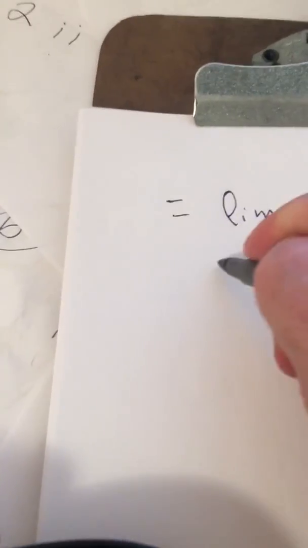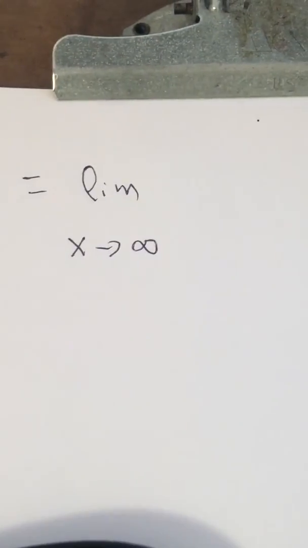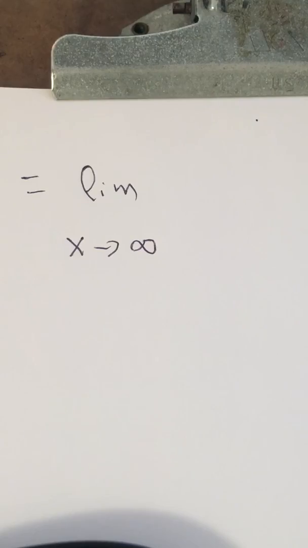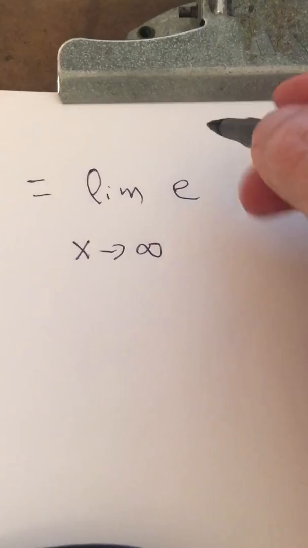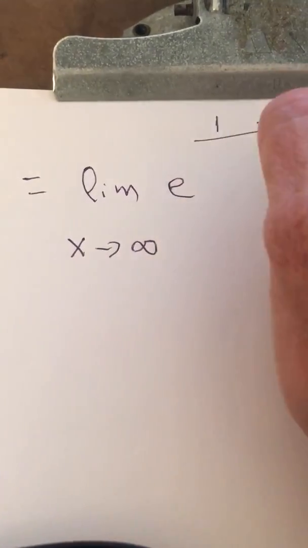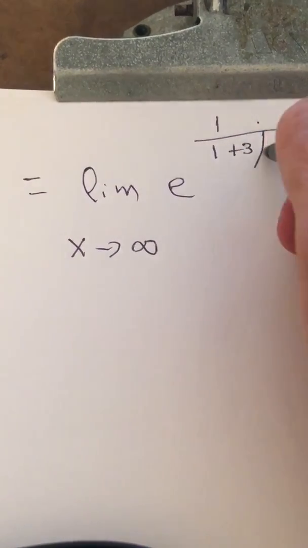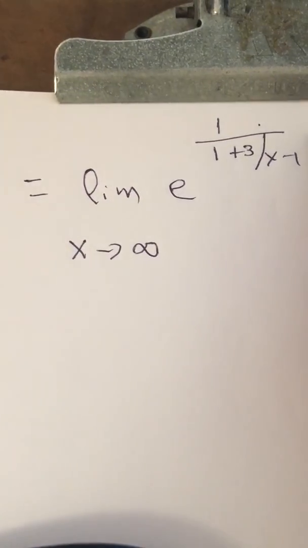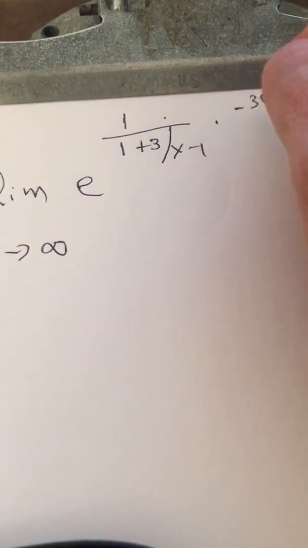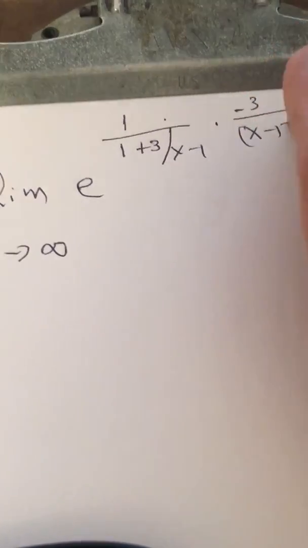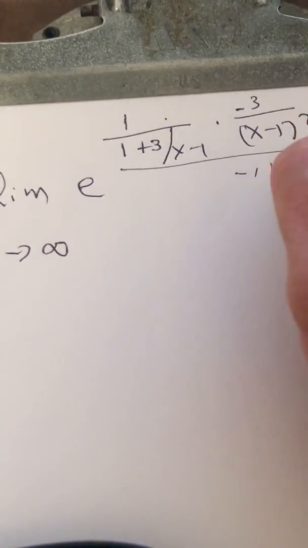Again, we have the limit as x goes to infinity of e to the 1 over 1 plus 3 over x minus 1 times negative 3 over x minus 1, the quantity squared, all of this over negative 1 over x squared.